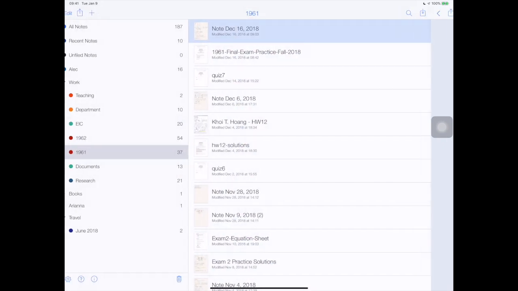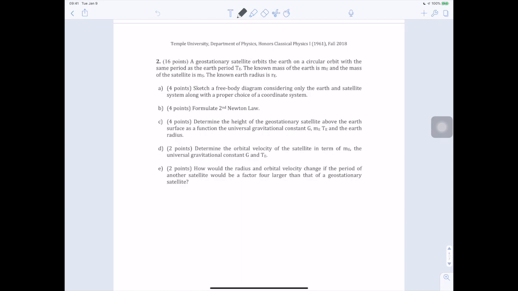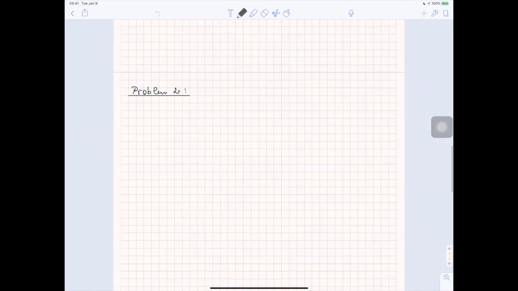Let's read this first. A geostationary satellite orbits the Earth on a circular orbit with the same period as the Earth's period T_E. The known mass of the Earth is M_E, and the mass of the satellite is M_S. The known Earth radius is R_E. Sketch a free body diagram considering only the Earth and satellite system, along with a proper choice of coordinate system. All right, so let's first do this.